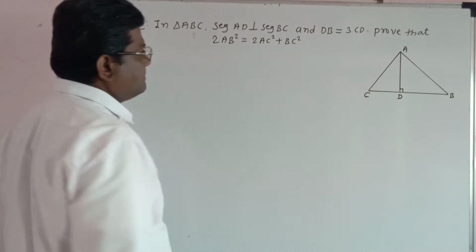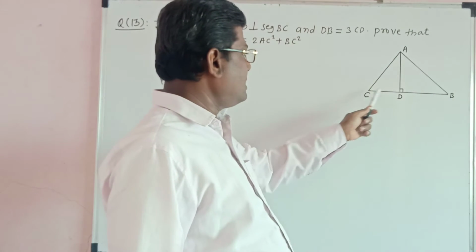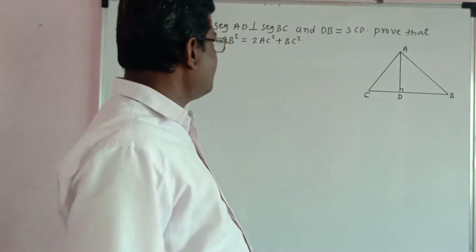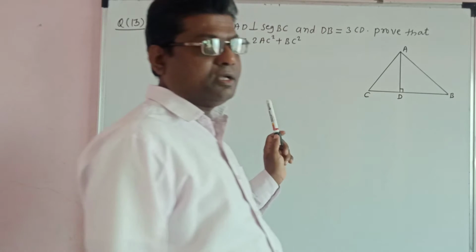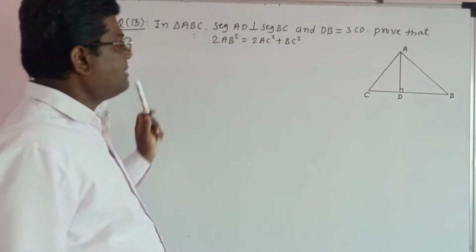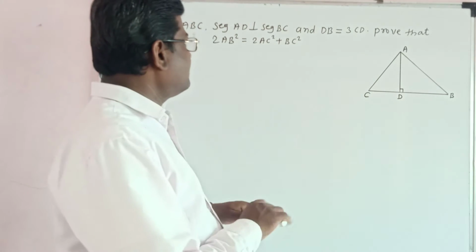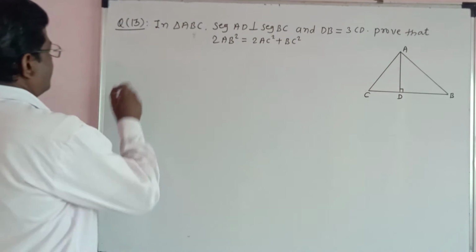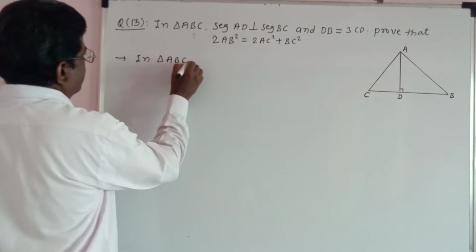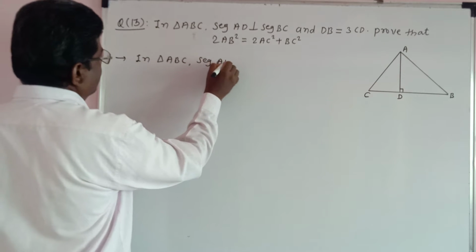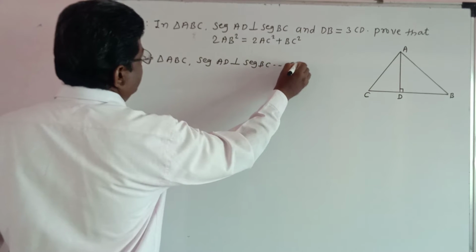Question number 13. In triangle ABC, AD perpendicular to segment BC, DB is equal to 3 into CD. Prove that 2AB square is equal to 2AC square plus BC square. Now, in triangle ABC, segment AD perpendicular to segment BC, it is given.